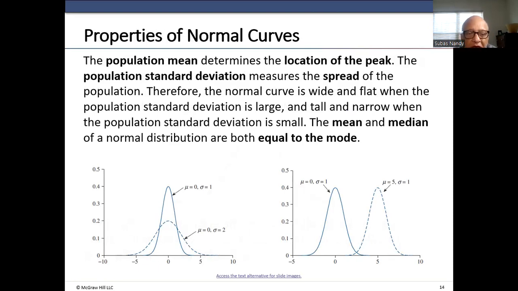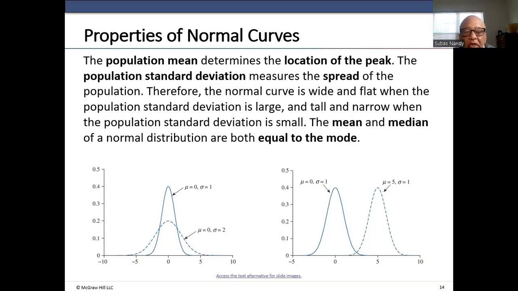So let's look at the diagram on the left. Here, both the curves have the same mean, where the peak is the highest for both curves, which is equal to 0. But the dashed curve is more spread out than the solid curve, because the dashed curve has a higher population standard deviation of 2, whereas the solid curve has a population standard deviation of 1.